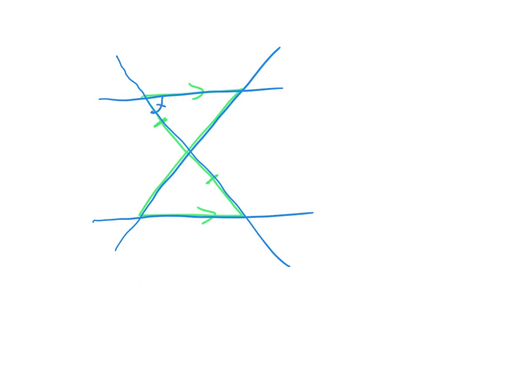And this guy here is alternate interior with this guy here. You got it? And this guy here isn't with this guy here. Yeah? And we also have an X in the picture, so we know this guy here is equal to this guy here. Yes? So do we have any of the letter configurations that we need? No, so it could be AAS or ASA. There's two in this picture.